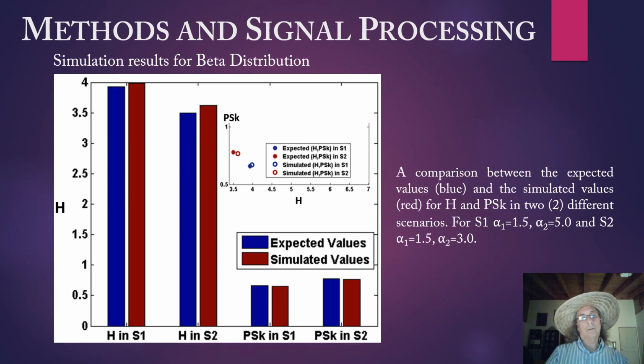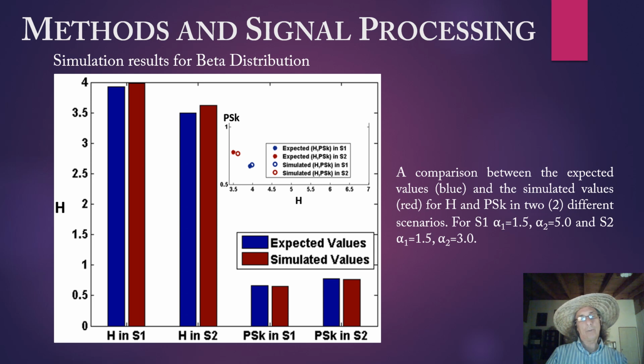We then took those expected values that we calculated before, particularly for scenario 1 and scenario 2, and we generated simulated data of the same distributions. And of course, they should be very similar, and they are. Having the data, we can estimate alpha 1 and alpha 2 for both distributions.